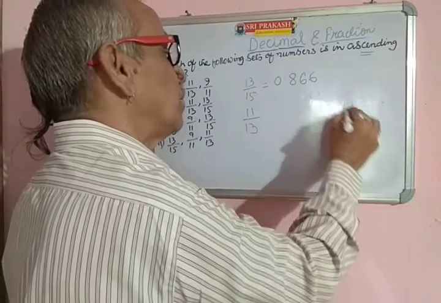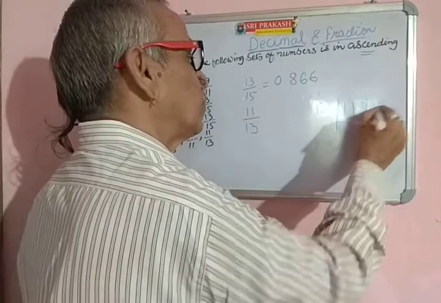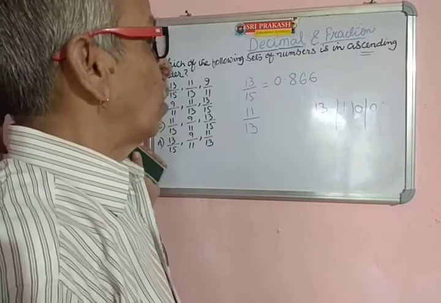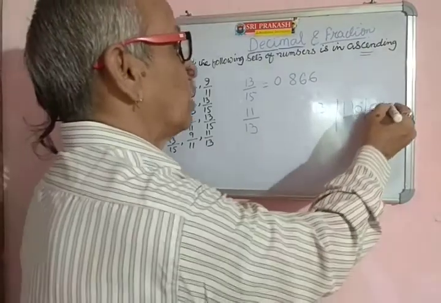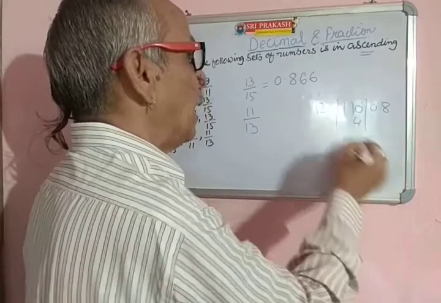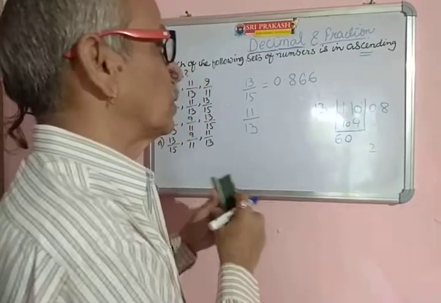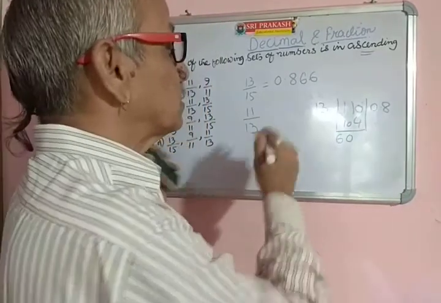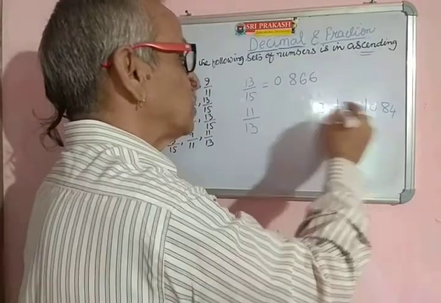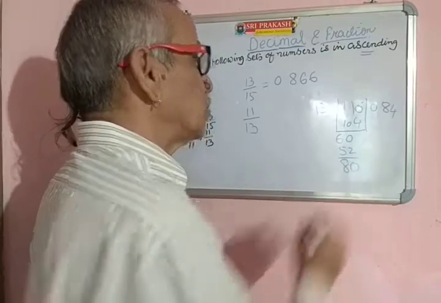So now let us find the value of 11 by 13. That means you have to divide 11 by 13. Clear? It won't go. Take one decimal, 0. So 13 8s are 104, 13 4s are 52.